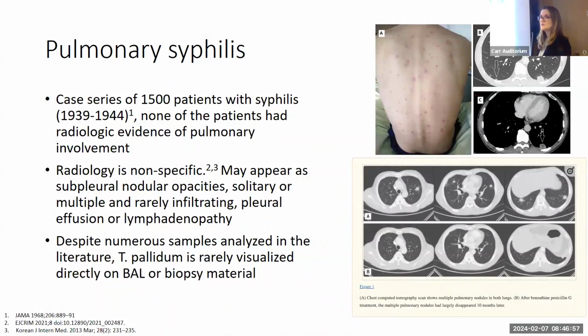And in the past 5 years, there were a few more cases of patients who had positive PCRs on BAL or tissue. So maybe going forward, we'll be able to utilize those tools to nail the diagnosis. But otherwise, as it stands, it's kind of a diagnosis of exclusion.